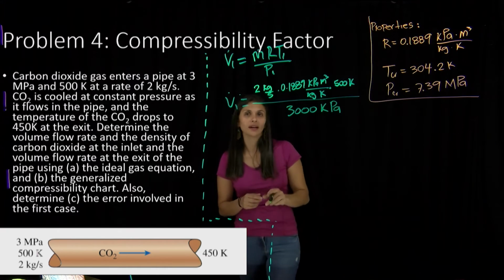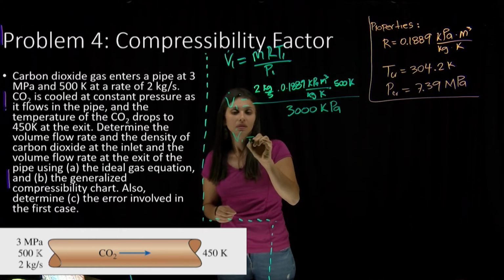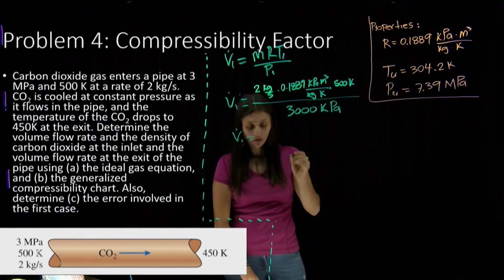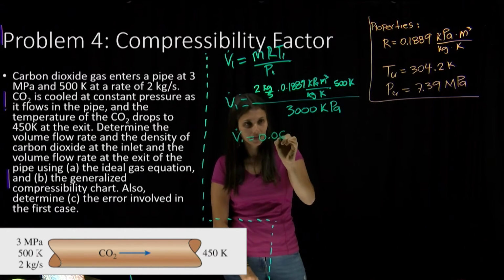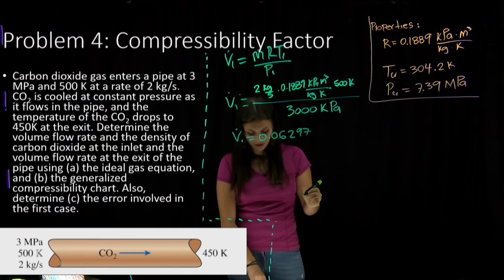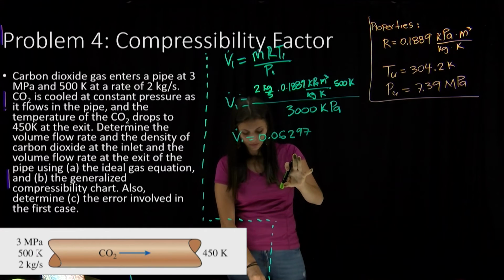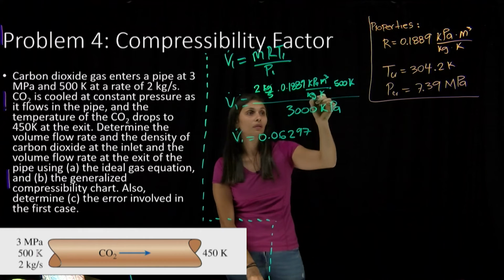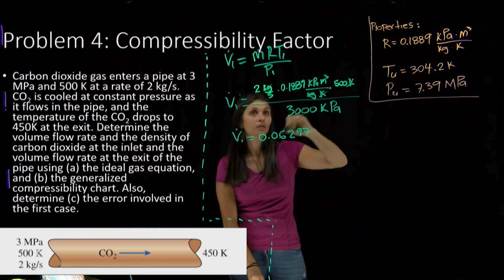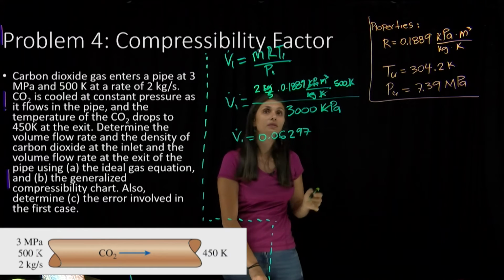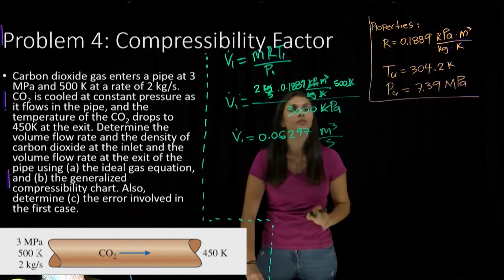If you compute that, it turns out that the volume flow rate at the inlet will be 0.06297 cubic meters per second.